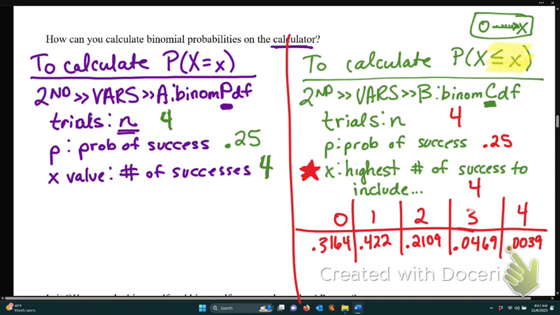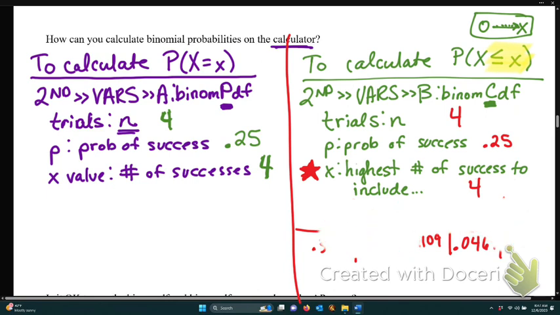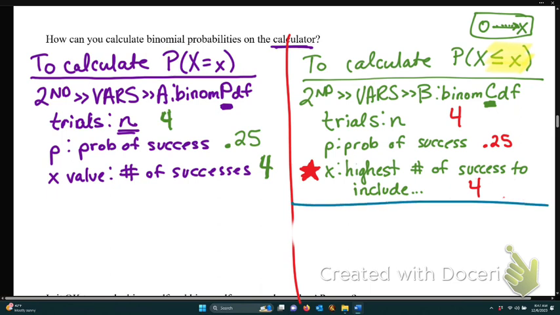All right. Now, do you guys have any questions about binomial CDF? Okay, now, here's where it's not awesome. It's exactly what Austin just asked me. What if I ask you guys this question?